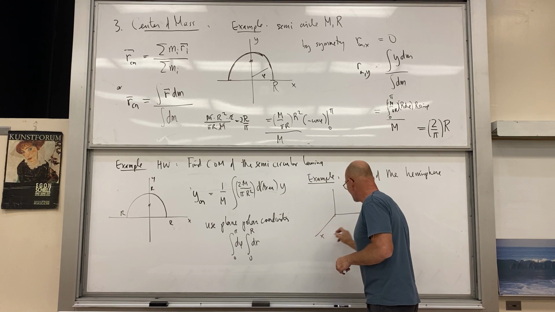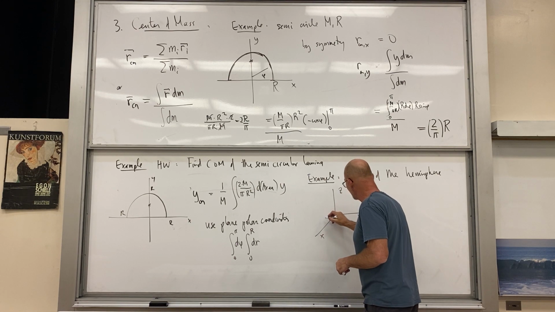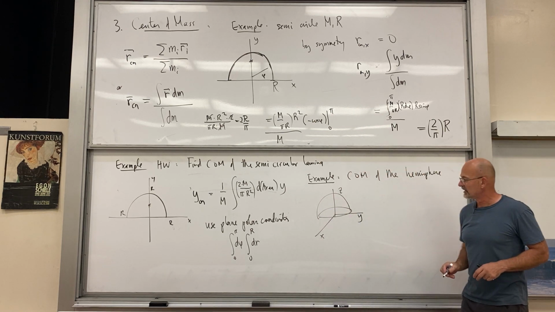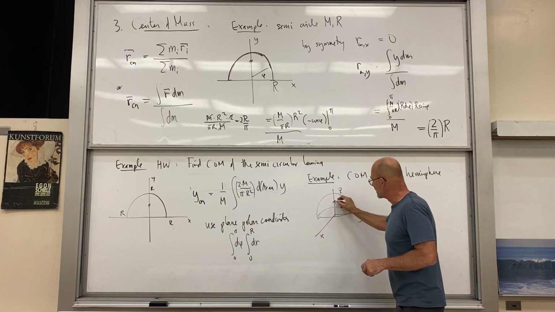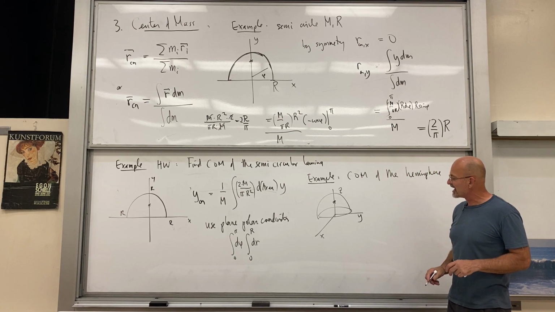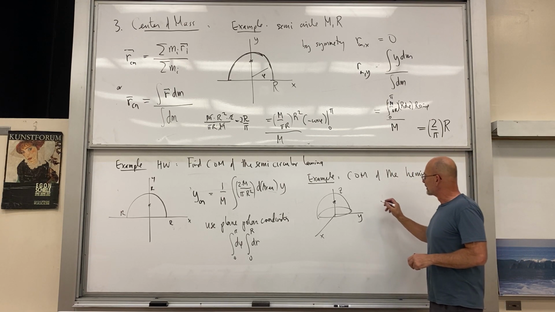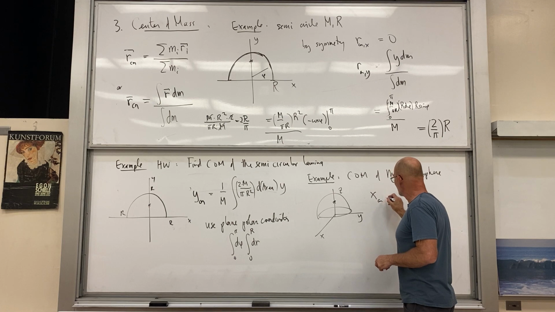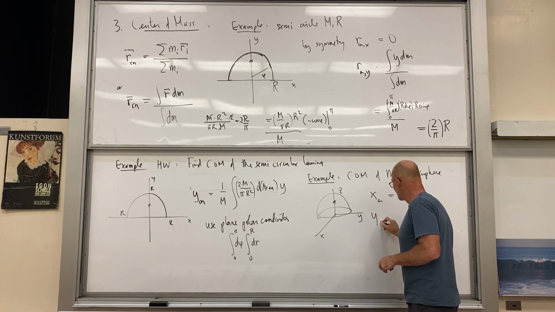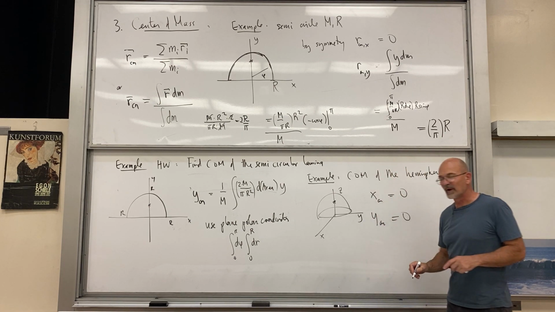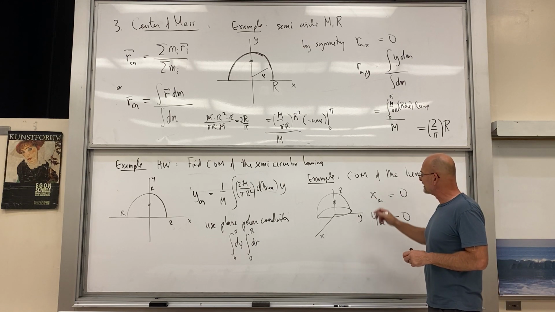Now we have X, Y, and Z, and we have this hemisphere right there. The center of mass is going to be located somewhere there on the Z axis. So X center of mass equals 0, Y center of mass equals 0. So we're making use of symmetry. Now we have to find the Z component.